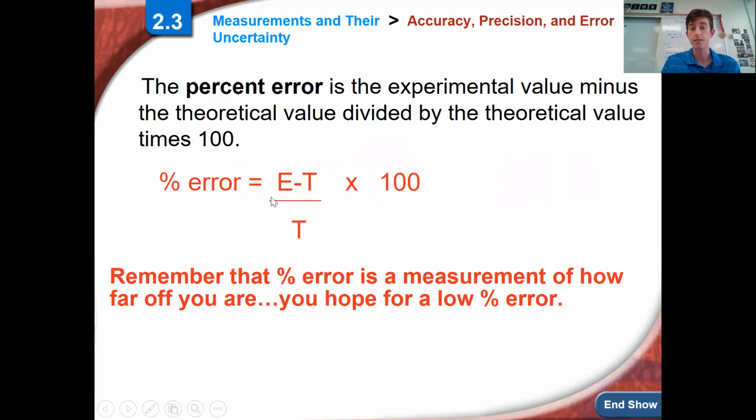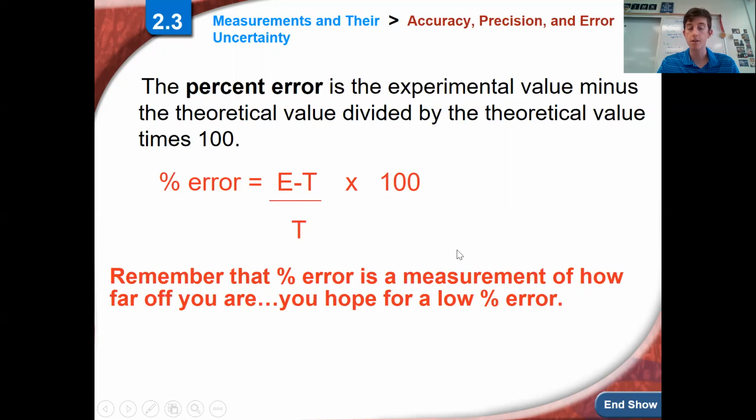You take the mass, and you find that it is 99 grams. Well, you would have to do 99 minus 100 because it's supposed to be 100. Then divide it by the theoretical, which was also 100 again. Multiply that by 100.